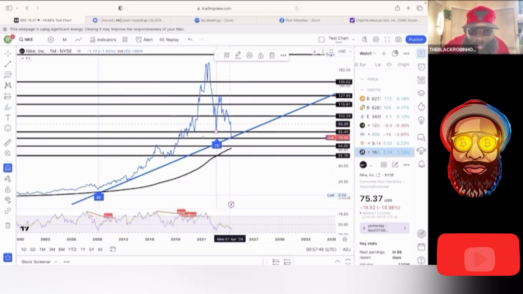So boom, boom, boom. No, that didn't hit where I wanted it to hit.